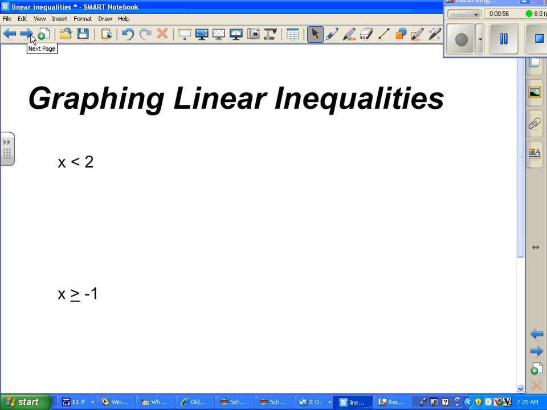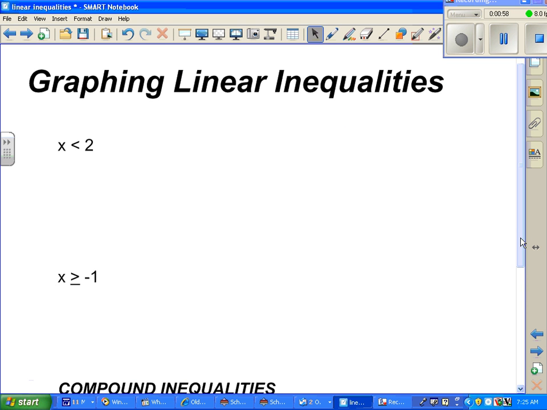So the first thing I want to do is graph some of these linear inequalities. x is less than 2, so here's how we do it. We're just going to start out real basic on a number line. Make sure we label 0. x is less than 2, so the next thing I need to do is go out to 2. Make sure you're labeling everything.